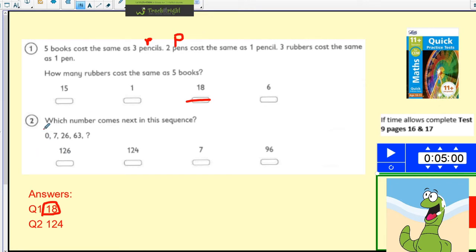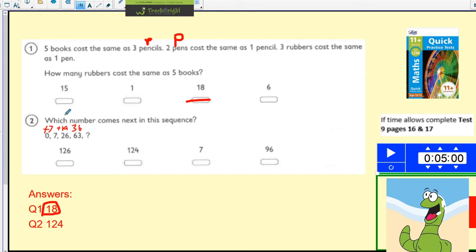So, plus 7, plus 19. The difference between 26 and 63 is going to be 37. Now that I've got these numbers, I'm going to look at what's called the second difference, which is the difference between them.